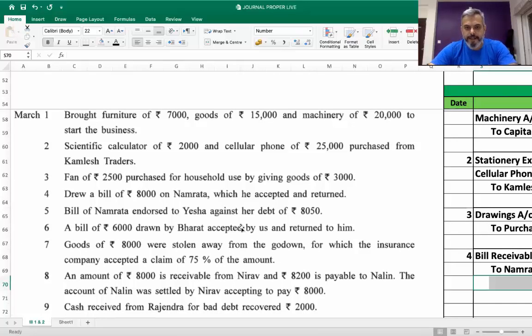Now, fifth one, bill of Namrata endorsed to Yesha against her debt of 8,050.